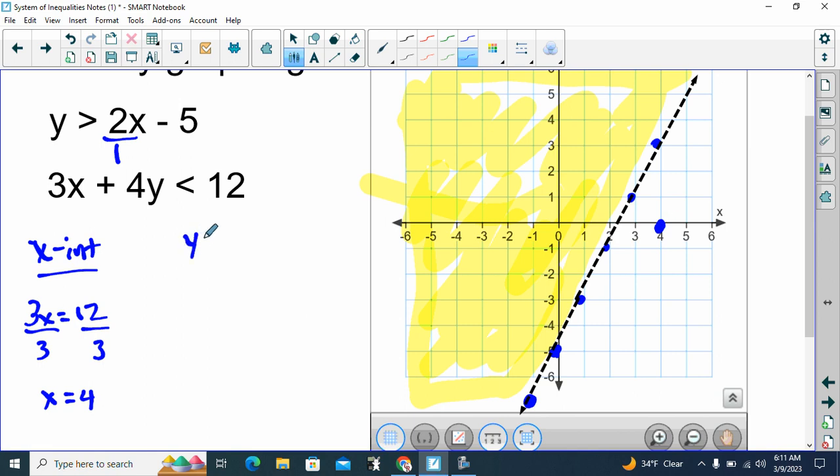We do the same thing for the y-intercept, except now we are plugging in 0 for the x. That gives me positive 4y equals 12. Solve for y. My y-intercept is 3.